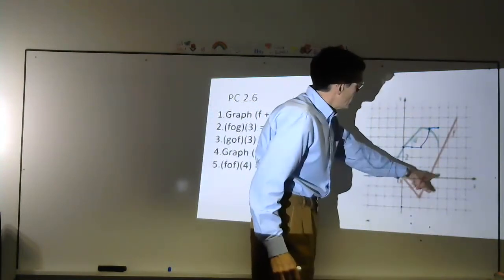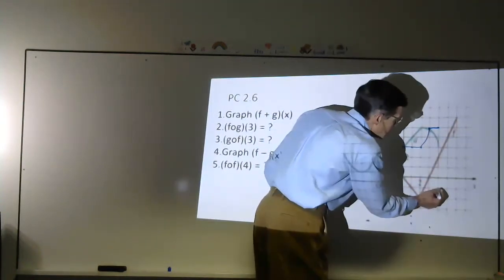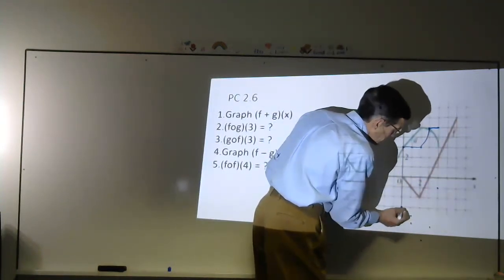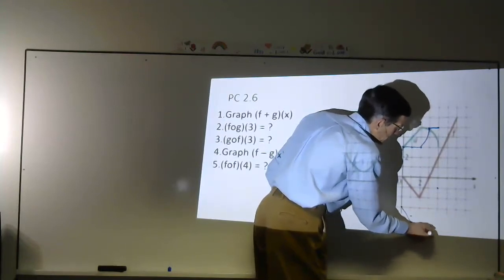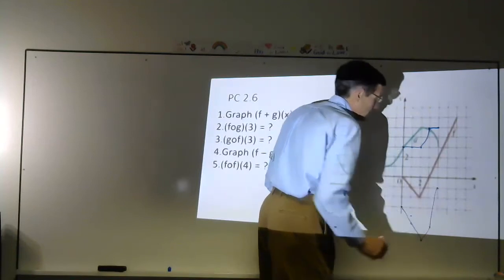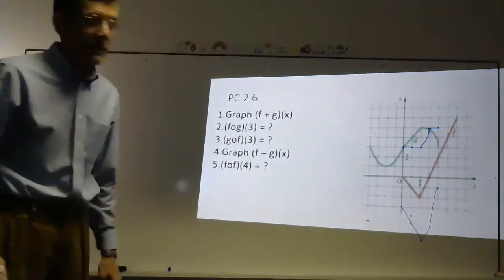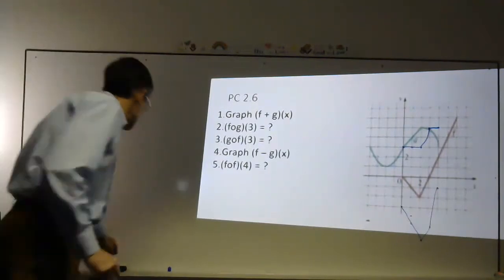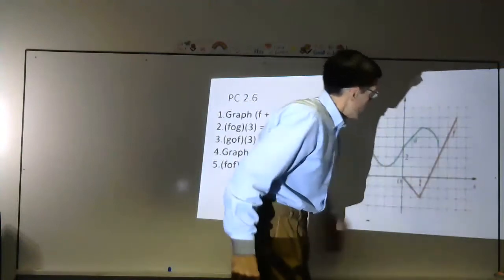And finally, 2 on the red minus 3 is negative 1. Connect the dots, and I go down like this and up like that. And that function represents f minus g of x. Let me get rid of that.